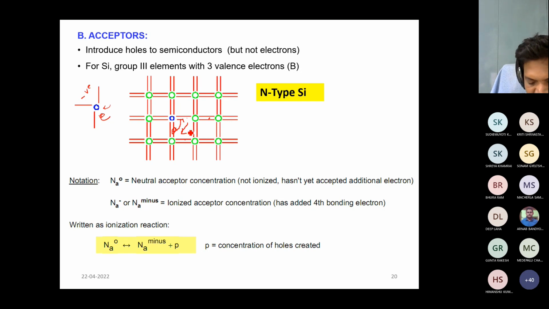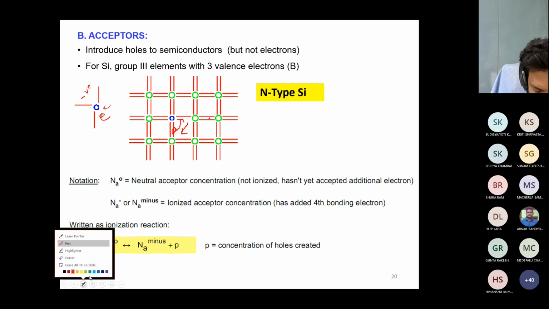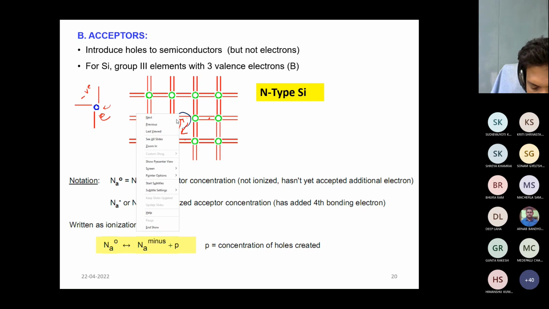Okay, let us try to understand. Think about this, see this diagram and try to understand here. Look at this. There is a vacant state. Now, at finite temperature, as this vacant state has the tendency to accept one electron, what happens?